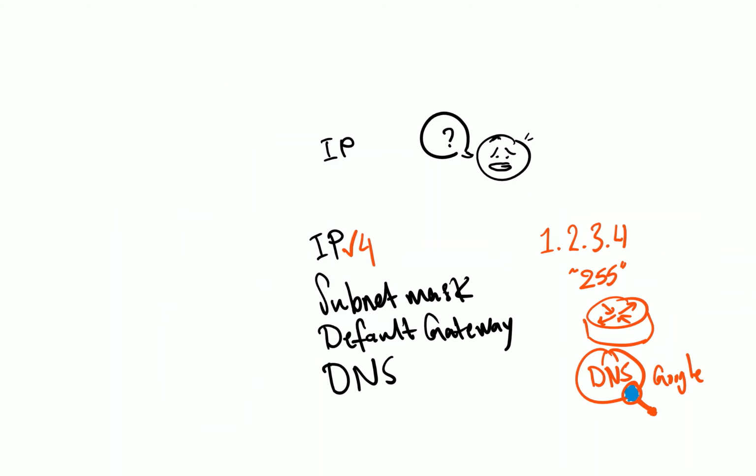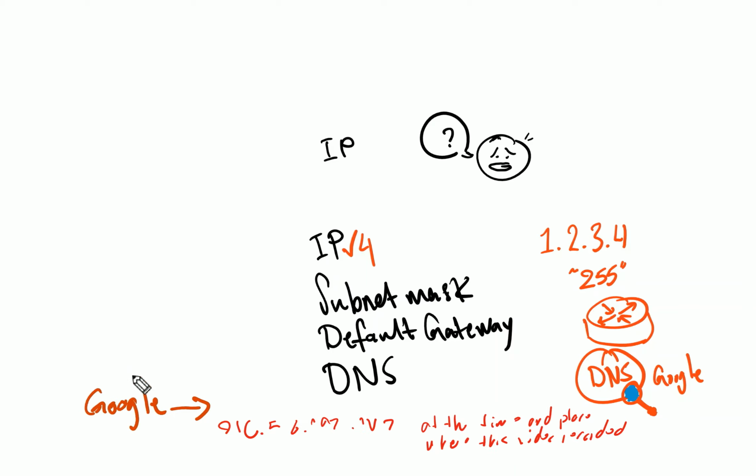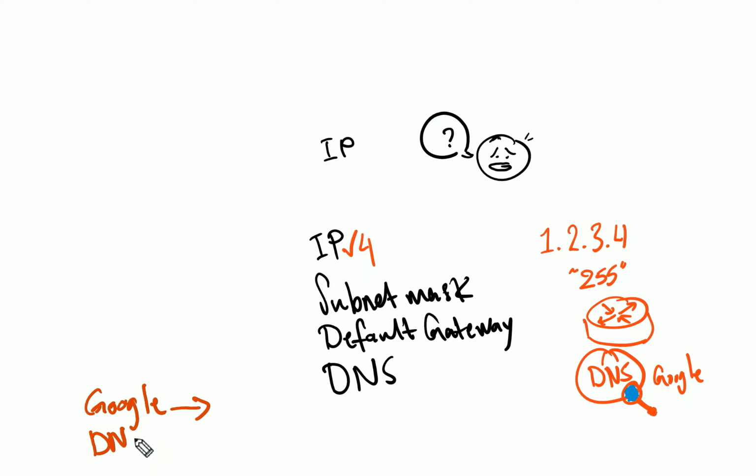DNS is one of the most important protocols on the network. It basically resolves the names that you enter into an IP address. I don't have in mind the IP address of Google, but if you, for example, want to get to Google, you might be using that one.